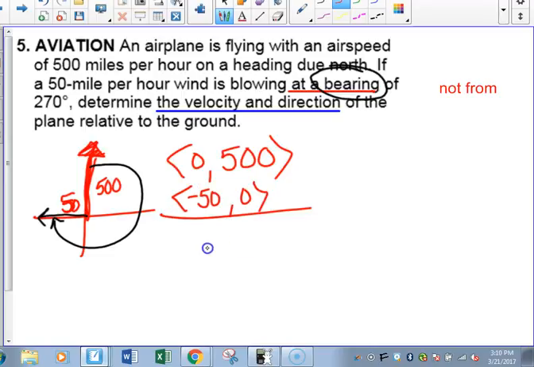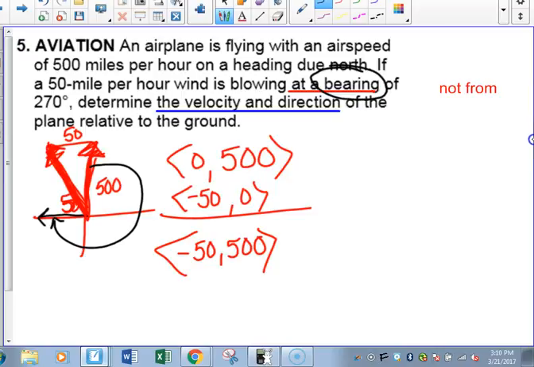So when we add those two together, we get, if we moved this up here and did this, we'd have this, okay? It went 50 that way, so this is where we actually wound up. All right, how do we find out how fast it's helping us go or slowing us down?